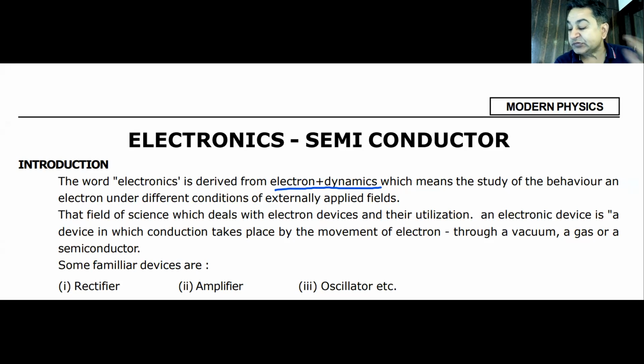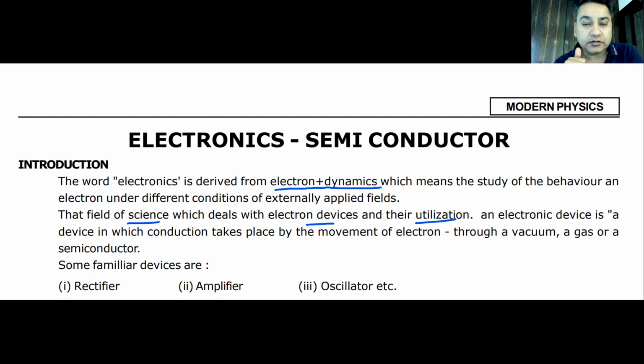The field of science which deals with electron devices and their utilization is electronics. Again, it's a science branch, and you just need to understand the basics. We can't do the entire topic; we'll just look at what we need to understand.